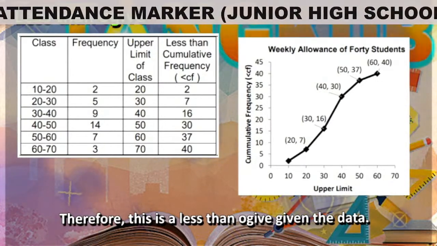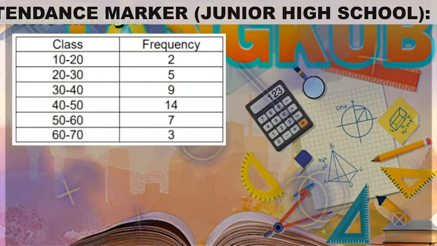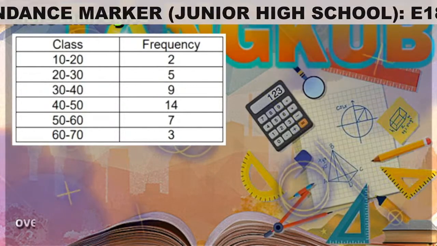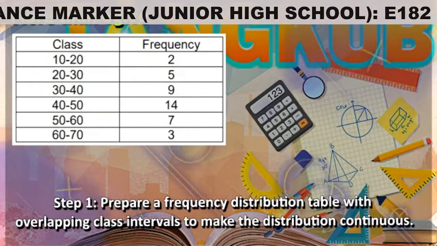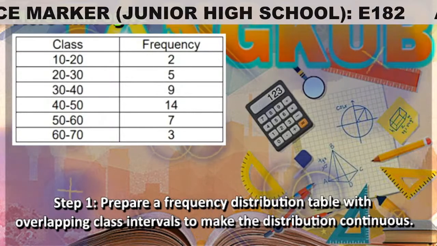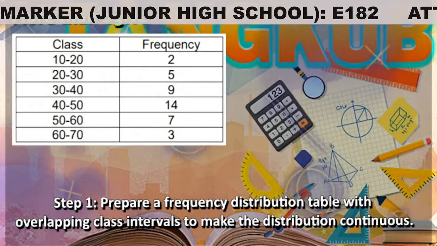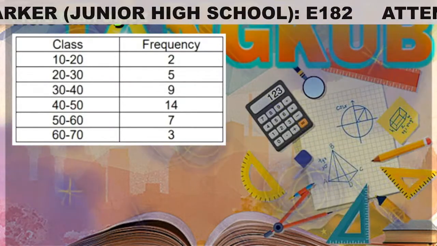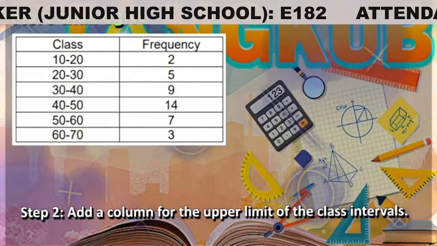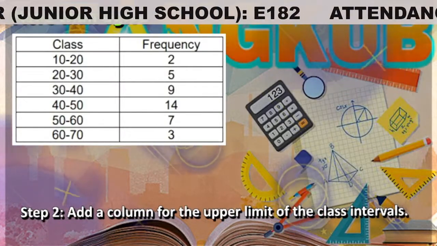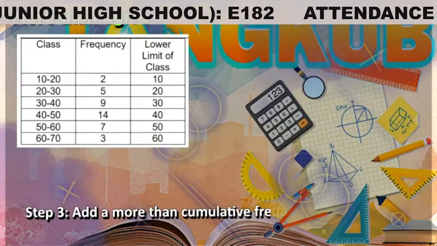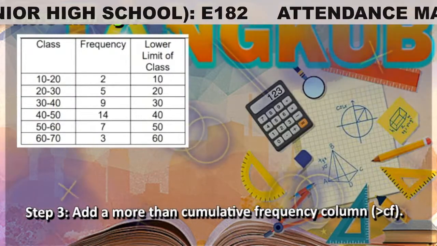Using the same data, now let us construct a more than ogive. First step. Prepare a frequency distribution table with overlapping class intervals to make the distribution continuous. Next, add a column for the lower limit of the class intervals. Then, add a more than cumulative frequency column.